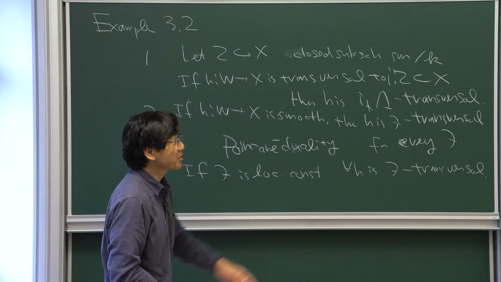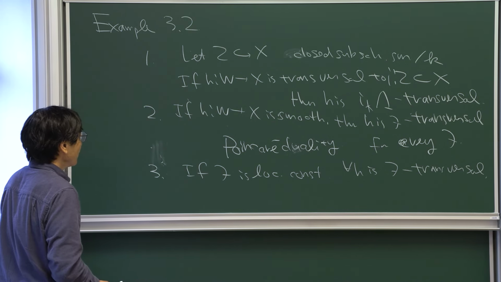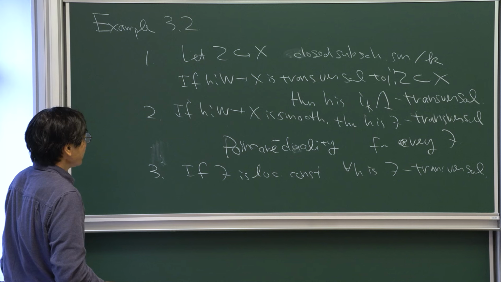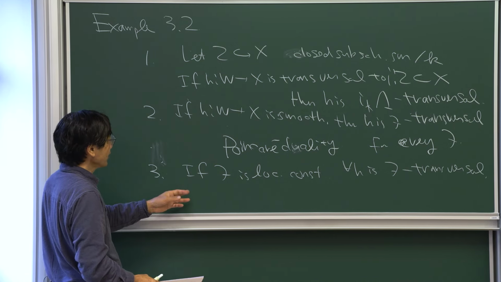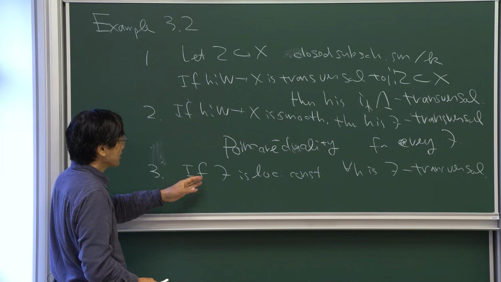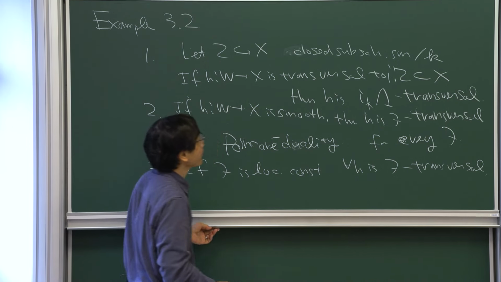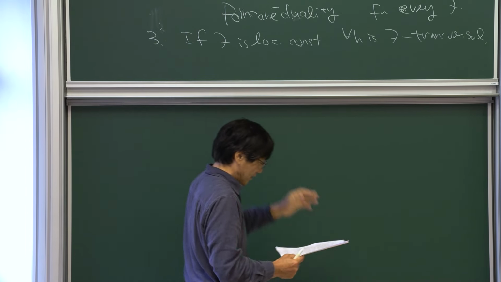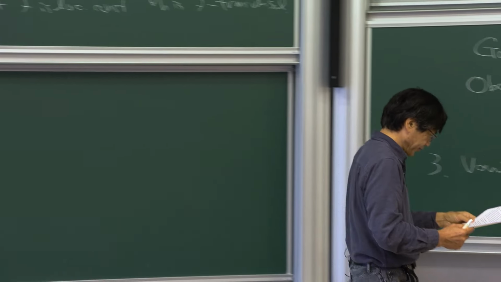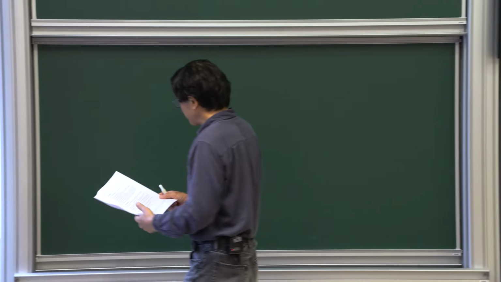If the sheaf is locally constant, such motion is also transversal. So in the C case, if C is a subset of the zero section, any motion is C transversal. So yeah, this one is also trivial in that case. Okay, so these are the examples.